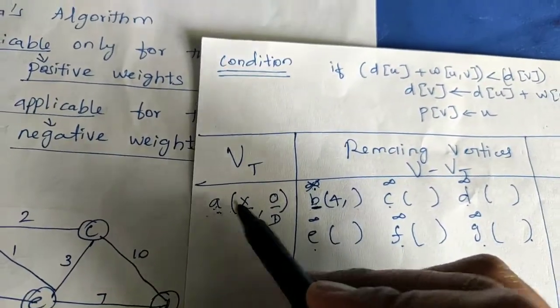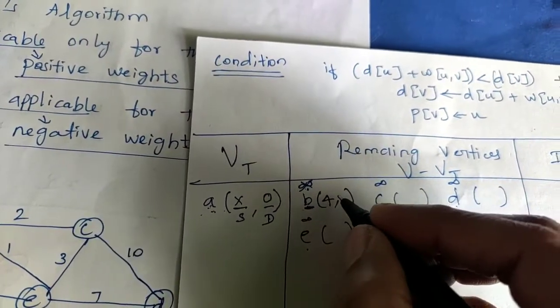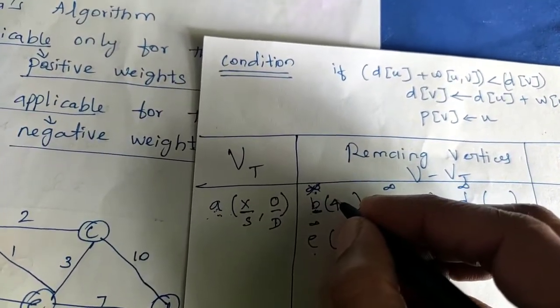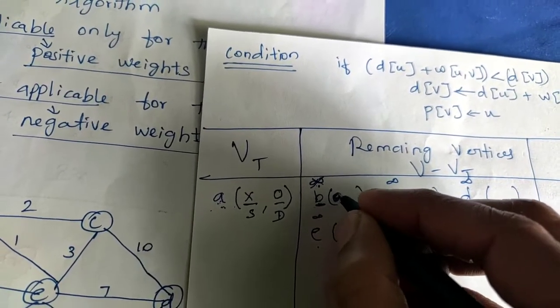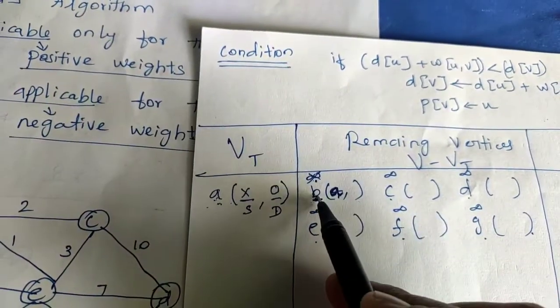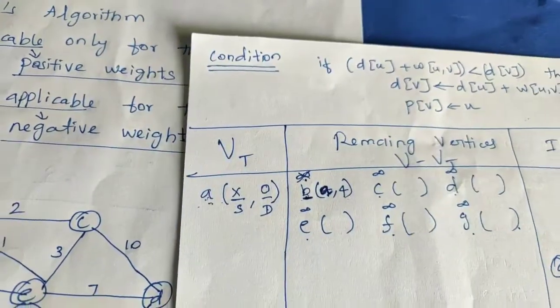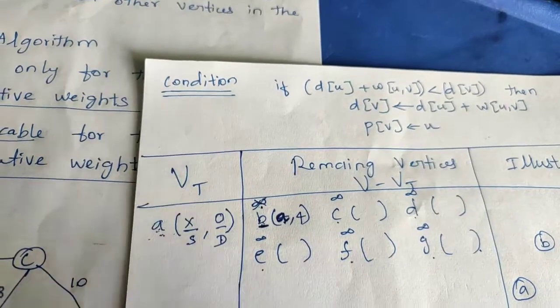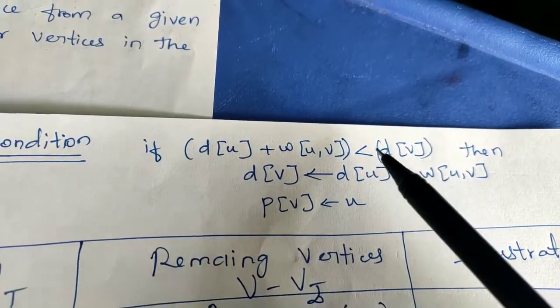From A I visited B with a distance 4. So I need to update the source here. I have visited B vertex from A with the distance 4.